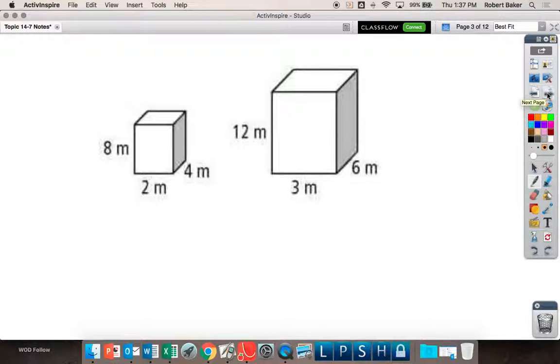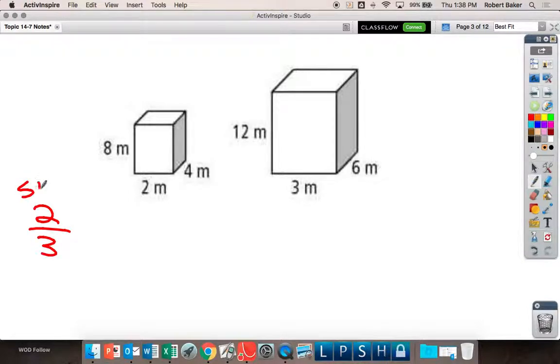So let's look at this box here. I want to figure out what are those 3 proportions for these 2 related solids. The first thing you need is a scale factor. And you have to make the most important decision: big over small, or small over big? Small over big. So pick a small length and its corresponding big length: 2 over 3.